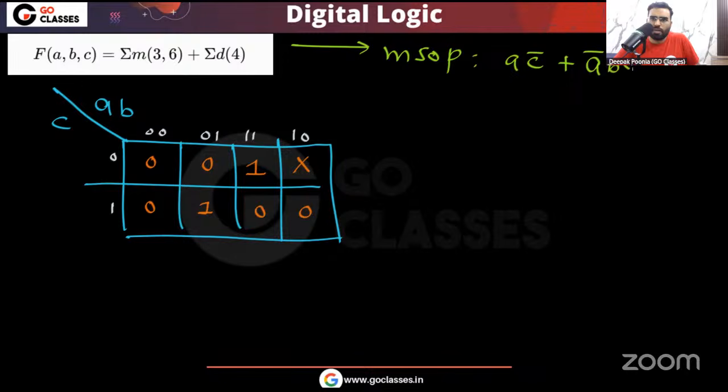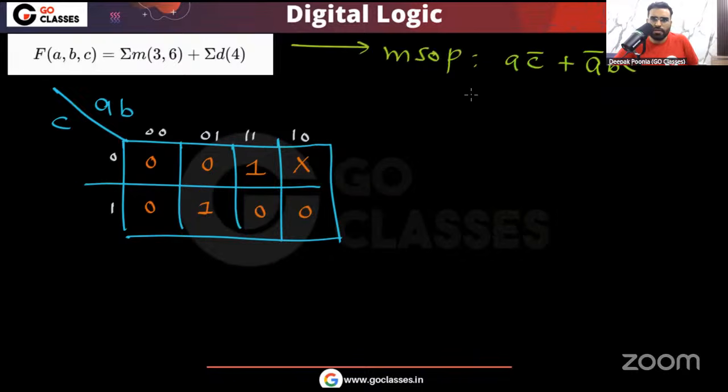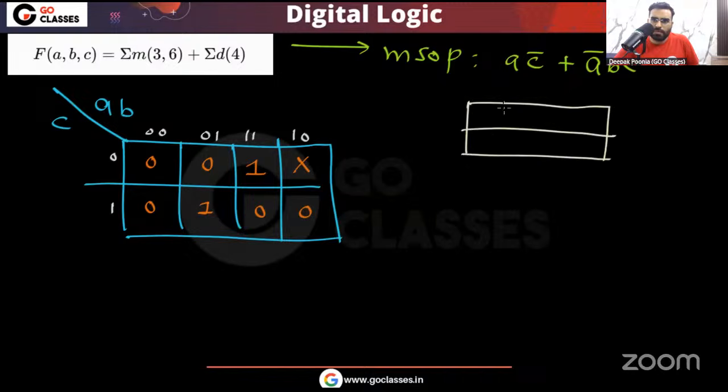This is the minimal SOP we got. For this minimal SOP, if you see the K map, the K map will be 0 0 0 1 1 0, and here you can see there is 1.